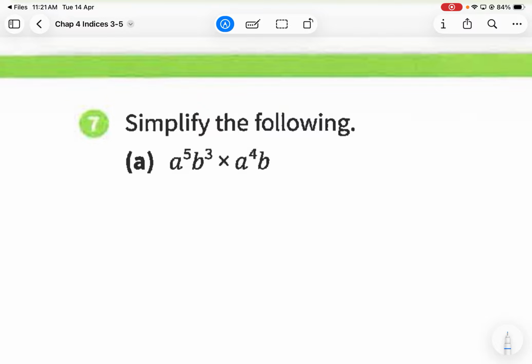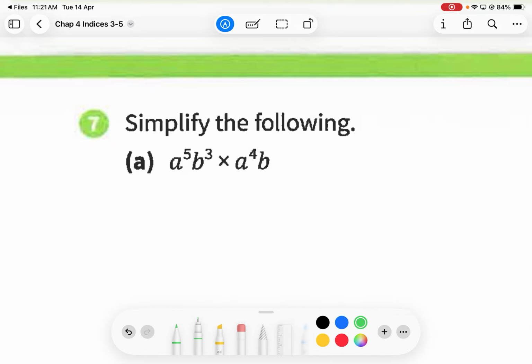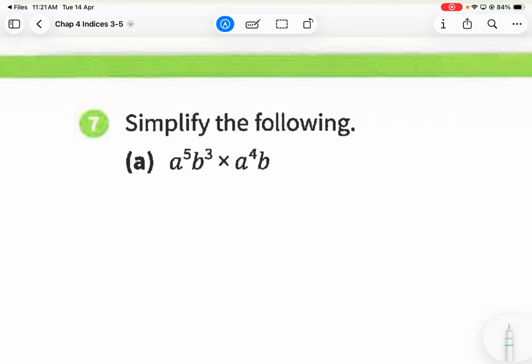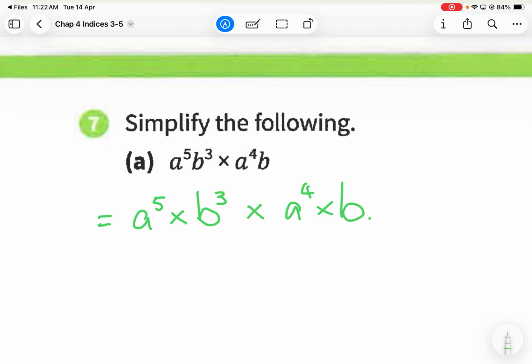Actually, A5, B3, if I were to break it down further, when there is no symbol between A5 and B3, it is actually A to the power of 5 times B to the power of 3. Then I multiply A to the power of 4 times B. This is what is actually happening.